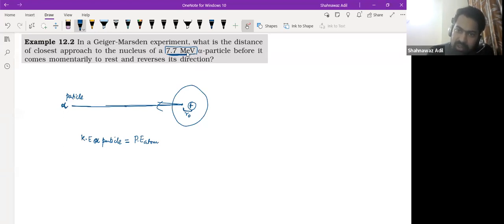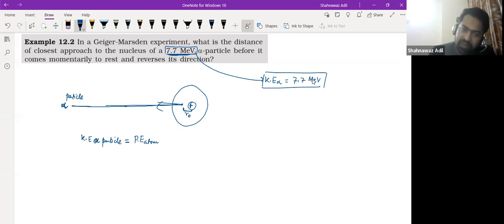This mega electron volt is the energy of the alpha particle that it was projected with. So this energy is the kinetic energy of the alpha particle, and this is 7.7 MeV that they have provided.